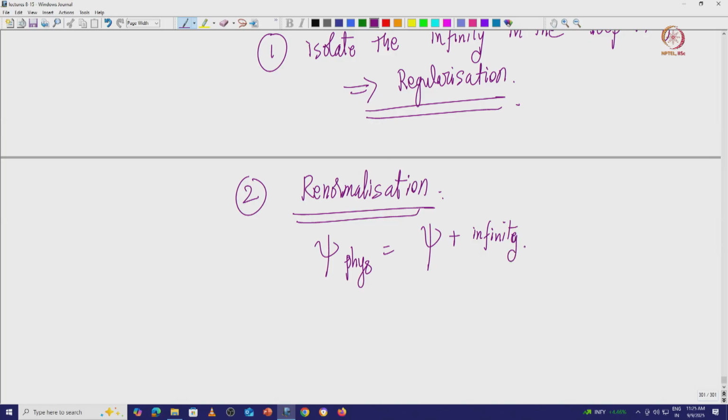This is called the bare wave function, which can also be written in multiplicative form times psi bare. This is the renormalization constant.